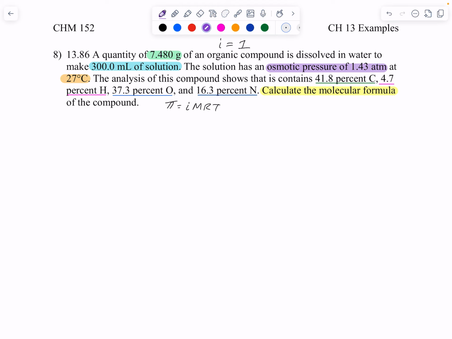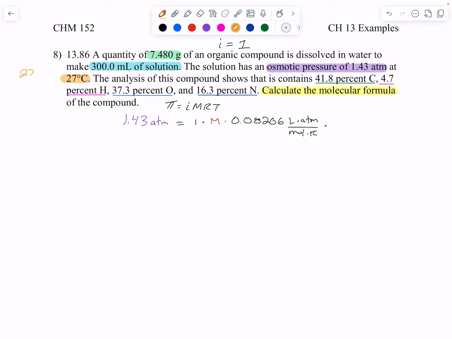So 1.43 atmospheres equals 1 times molarity, which we're looking for at the moment, times 0.08206 liter atmospheres per mole Kelvin, times 27 degrees Celsius.